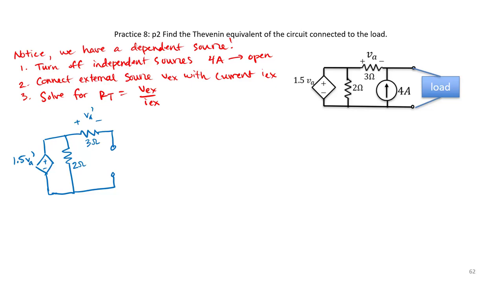Still have my dependent source. And I now have connected my external source VEX with current IEX. Remember, we want to find Thevenin resistance by dividing VEX over IEX.